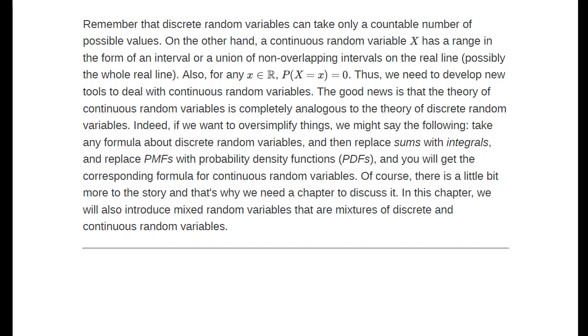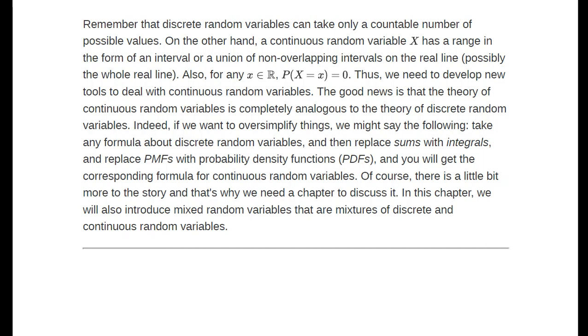Take any formula about discrete random variables, replace sums with integrals, and replace PMF, or probability mass function, with probability density functions, PDFs, and you will get the corresponding formula for continuous random variables.